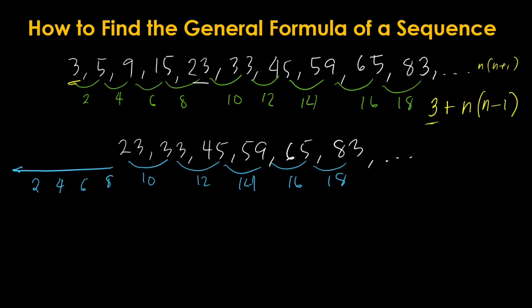Now, to write the formula, we still have to start with the first term, which is 23. And then we add the whole series of these even numbers.